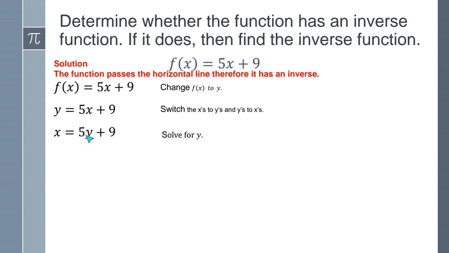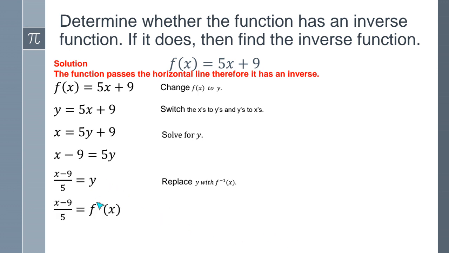Instead of x, I'm going to have 5y. Then the next step is to solve for y. So we're going to subtract 9, and then I'm going to divide by 5. So now I have x minus 9 divided by 5 is equal to y. Our last step is to replace y with our symbol f of negative 1 of x. So this result is going to be your inverse.